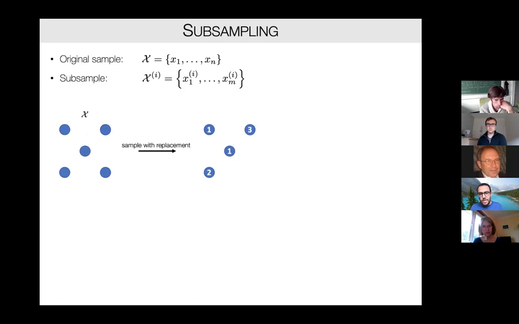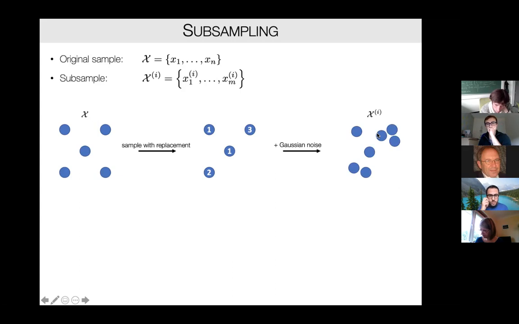This is what is usually done in bootstrap, but this is not very good here because it means that you're going to build a simplicial complex with multiple vertices at the same point. It's A, not very useful, and B, might lead to some confusing results. So to solve that, what we're doing is adding some perturbation to the points, some Gaussian noise, and then they're moved around a little bit. So you get this picture on the right.